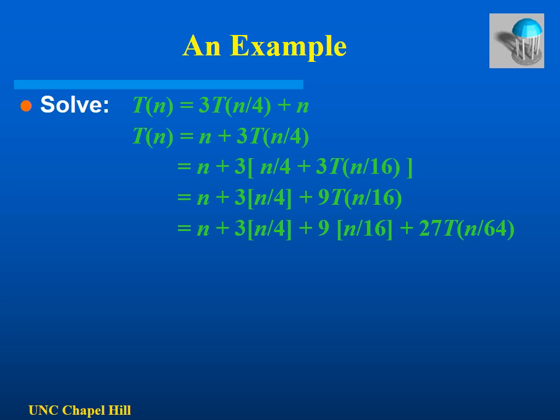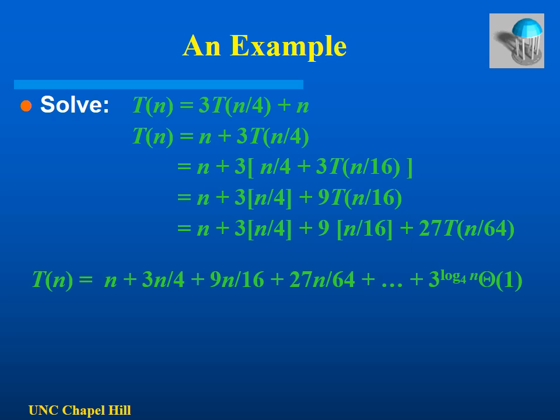So this is the basic idea, that we're continually plugging in the original equation for the right side. And so what we get is n plus 3n over 4 plus 9n over 16 plus 27n over 64.